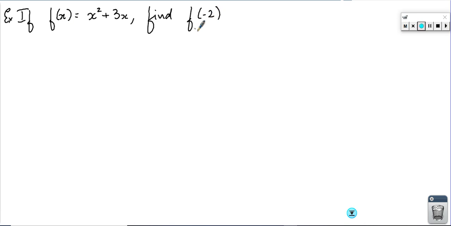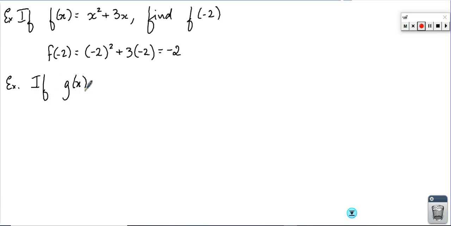So instead of x, we're going to write minus 2. So f(-2) is going to be equal to (-2) squared plus 3 times (-2). All I have done is I have substituted x with minus 2. So (-2) squared is 4. 4 minus 6 is minus 2. So f(-2) is also minus 2. Let's see another example.